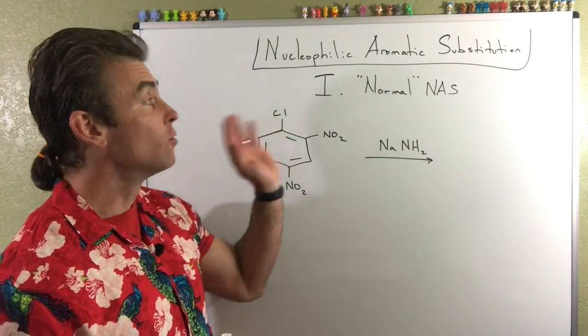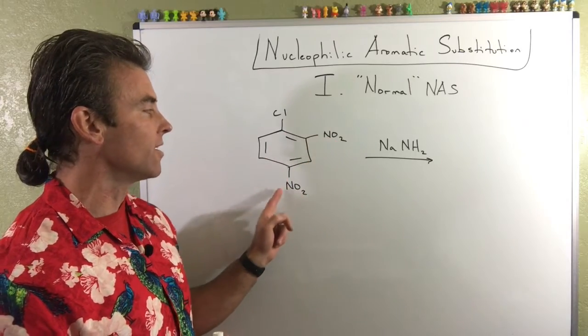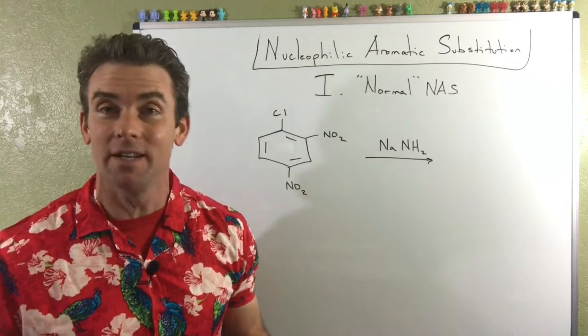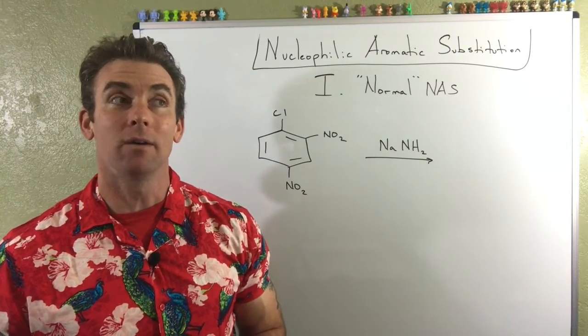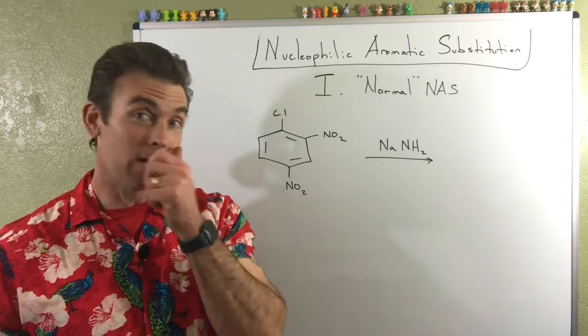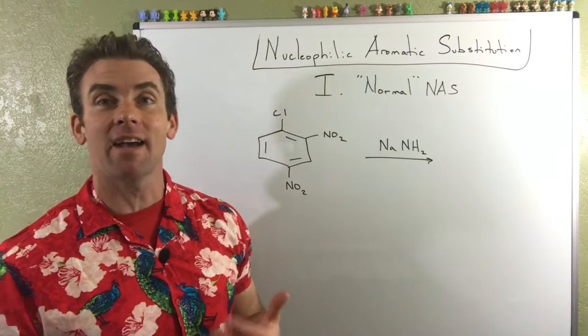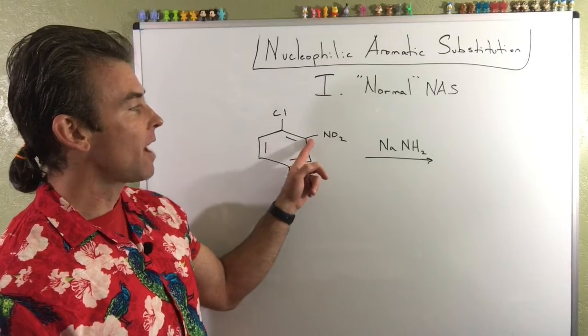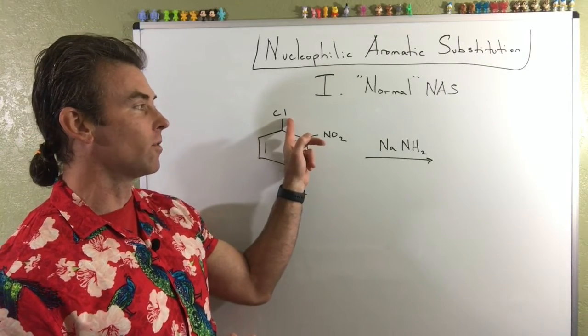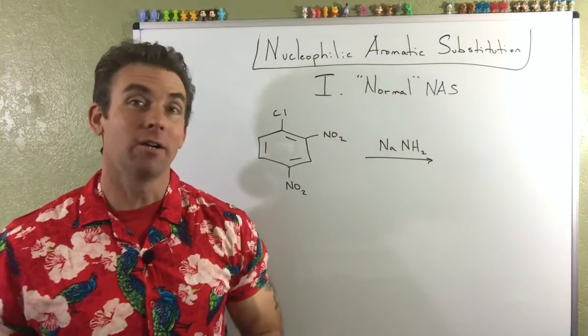It turns out that a normal NAS also requires at least one, often two, many times three electron withdrawing groups, as we termed them before. The interesting thing is that the way these things activate is that we need them in an ortho and a para position in order to substitute that chlorine with whatever our really strong nucleophile is.